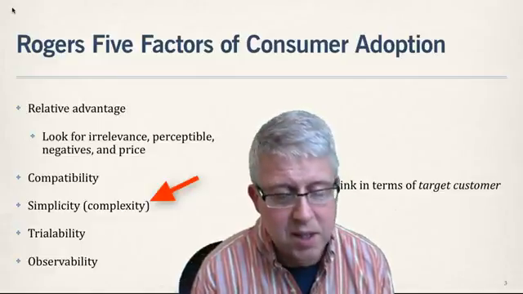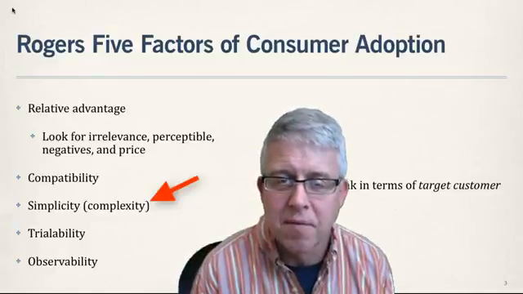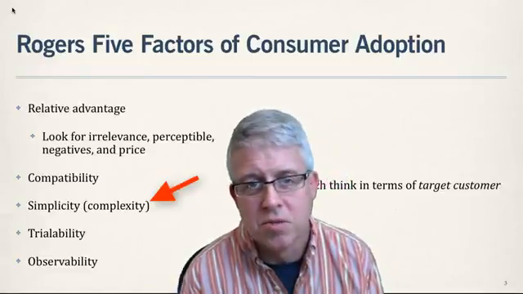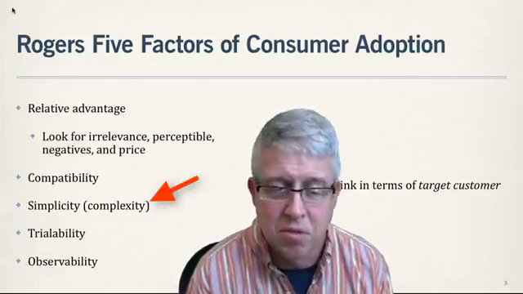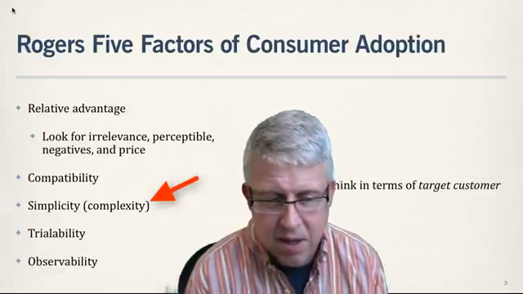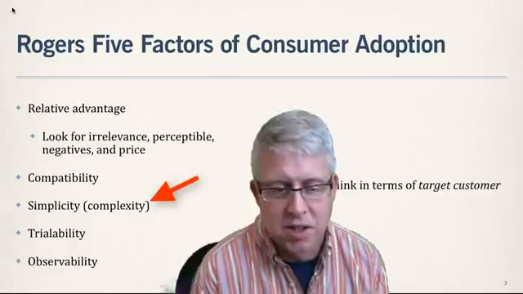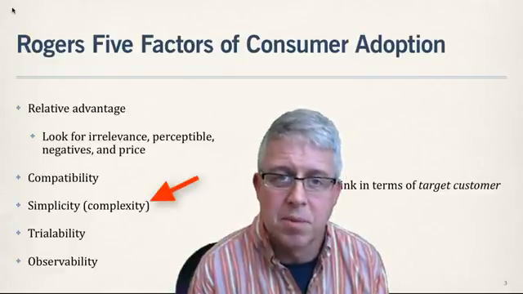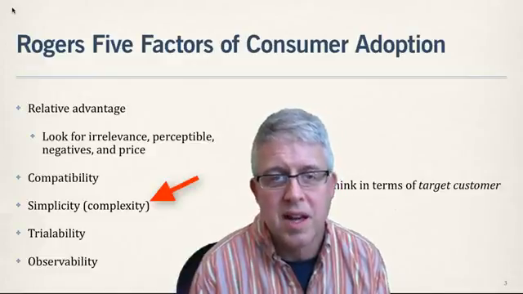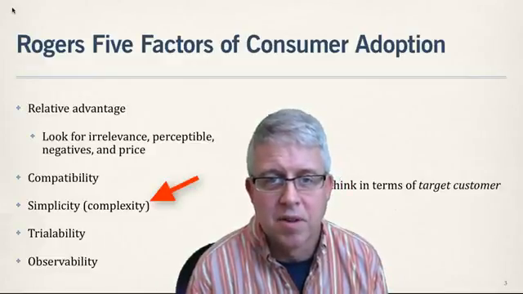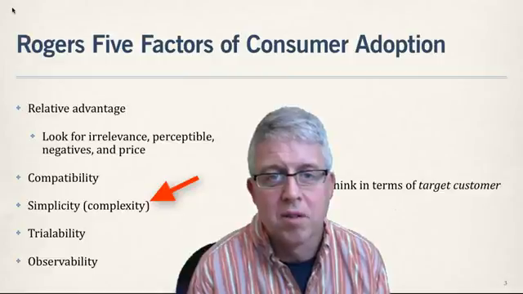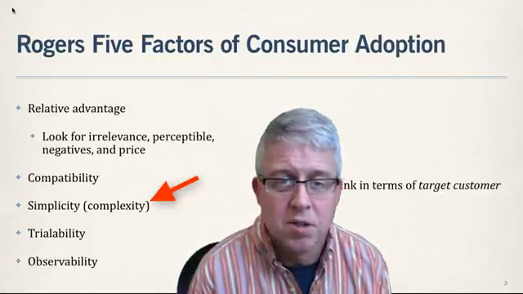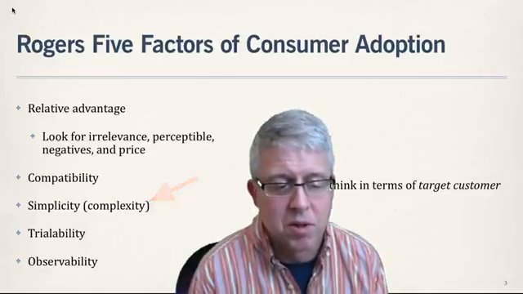So the idea here is how simple is it for a consumer to understand and to use. So I sort of think of this as the 3A and 3B factors. It's not just simplicity, but it's whether it's simple to understand and whether it's simple to use. Those can be two very different things. You would prefer, generally, that your product be simple to understand and simple to use for a consumer.